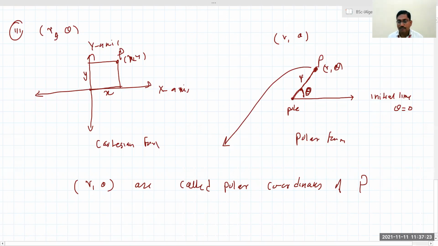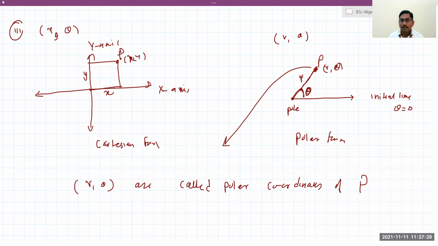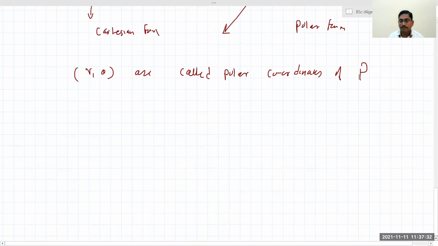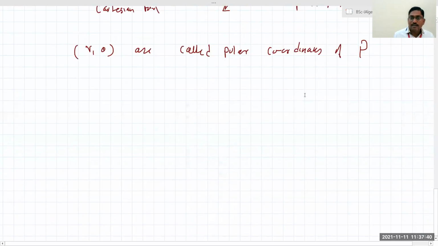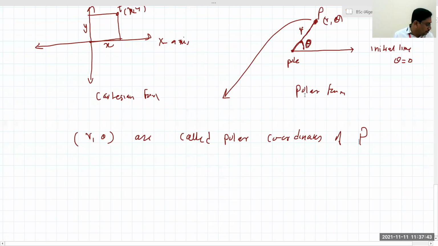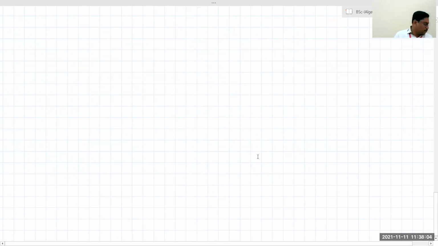The polar form is another representation. That r is called the radius vector, and this theta is called the vectorial angle, and r theta is just the polar coordinates for your point P.